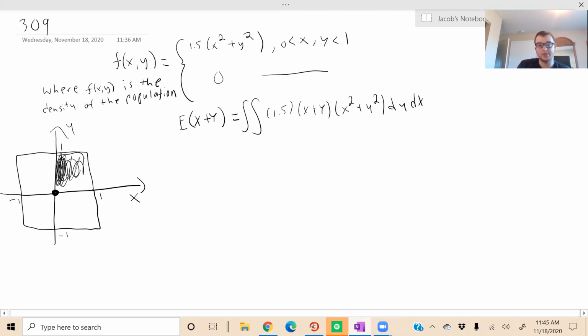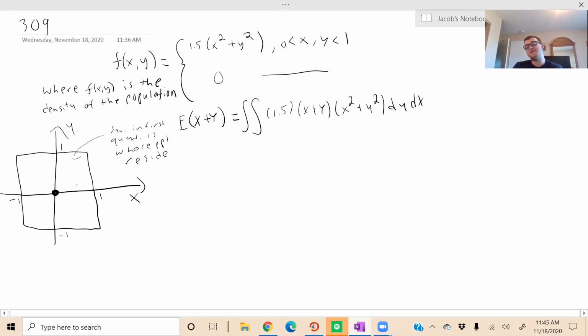The square in the first quadrant is where people reside. So we're only worried about this right here.